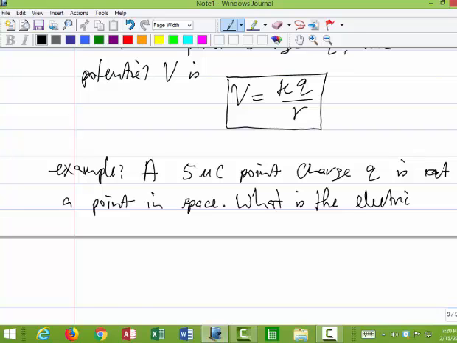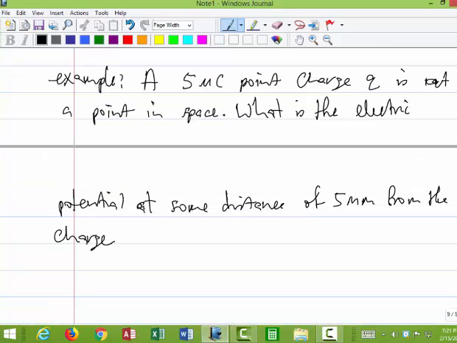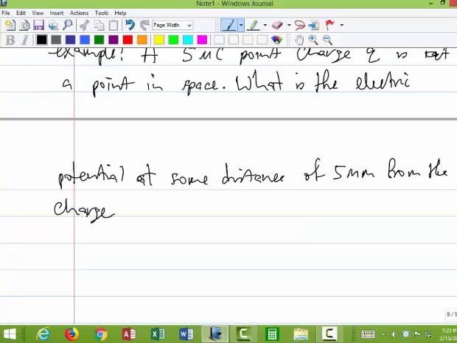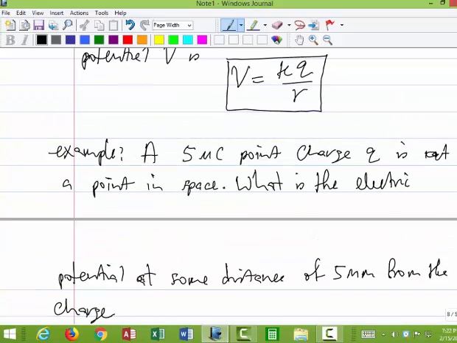What is the electric potential at some distance of 5 millimeters from the charge? So you should be able to use the formula that we've just come up with to calculate the potential of the charge Q at some point, a distance from the charge.